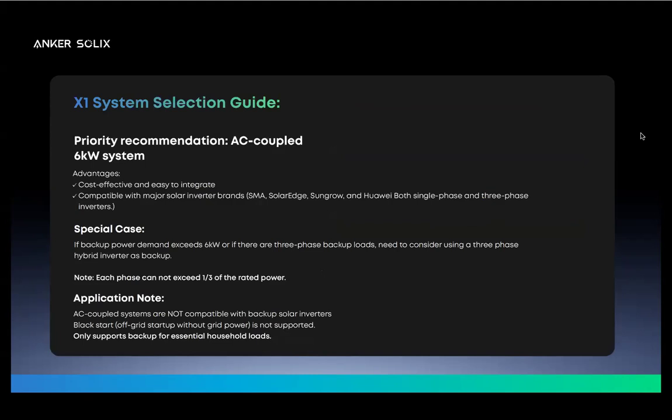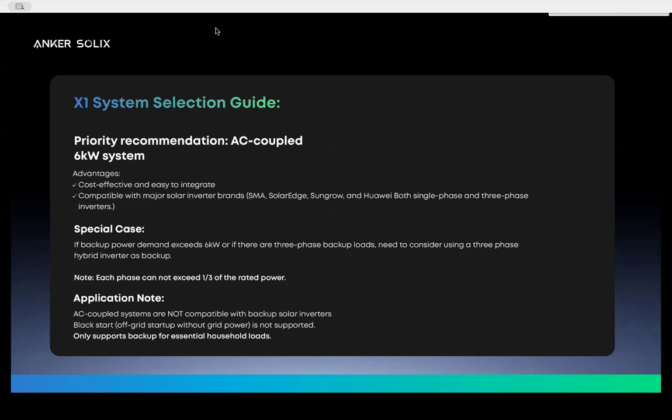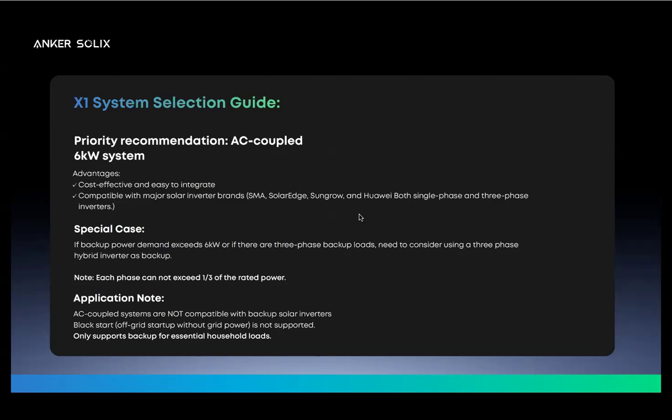For our product, we have the AC couple and hybrid. First, about AC couple, the advantages are that it's really cost effective and easy to integrate. We can couple with any brand, and mainstream brands like SMA, SolarEdge, Sungrow, and Huawei.